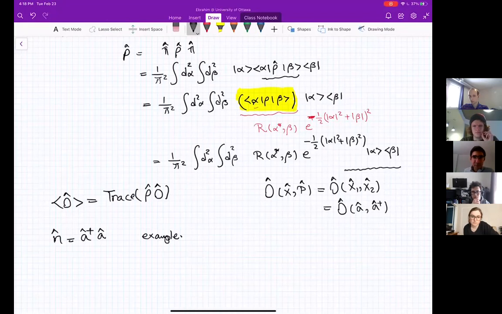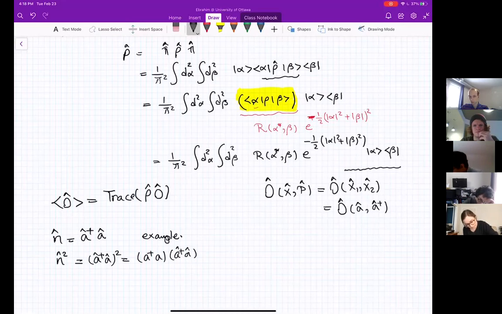Which involves n squared? Sure. This is the quadrature of n, let's call it. So what does it mean, n squared? It has A dagger A to the power of 2, which means you have A dagger A times A dagger A. True?